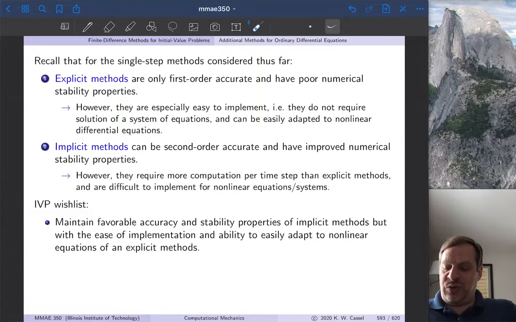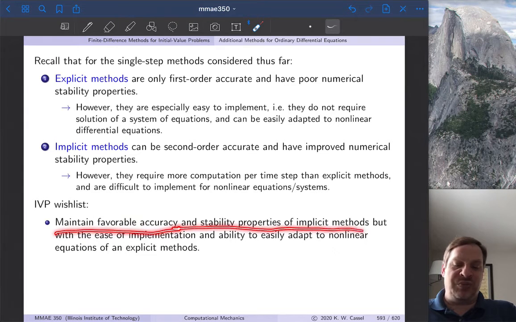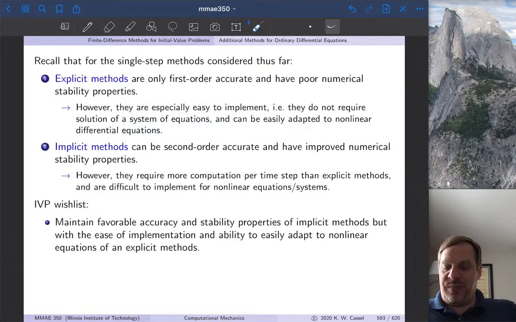So if we could be so bold as to develop an IVP wish list, what would we like to have in a numerical method for initial value problems? The first is we want to maintain the favorable accuracy and stability properties of implicit methods. That's why implicit methods are generally more popular than explicit methods, because of those two reasons.